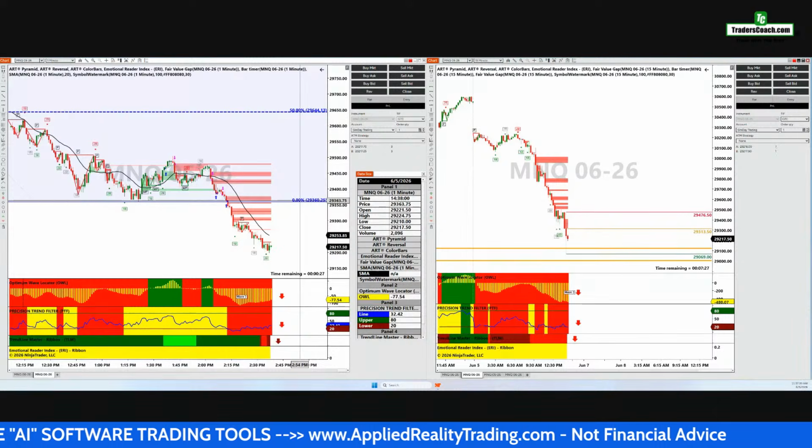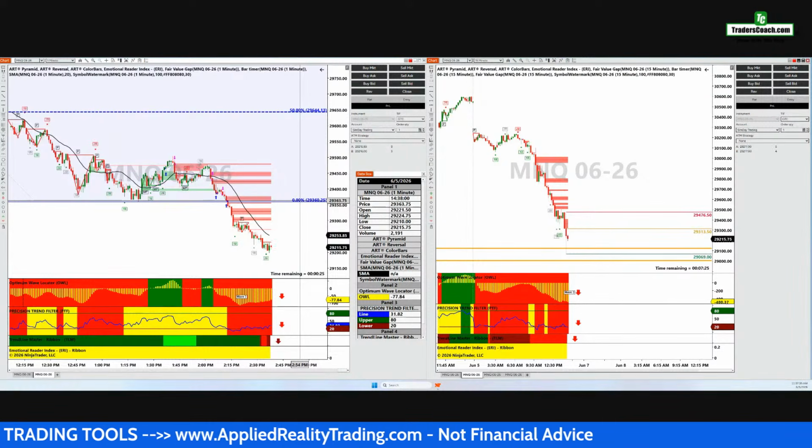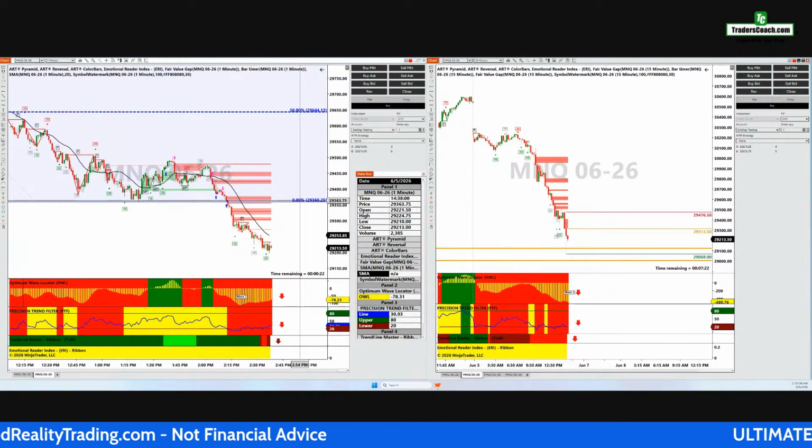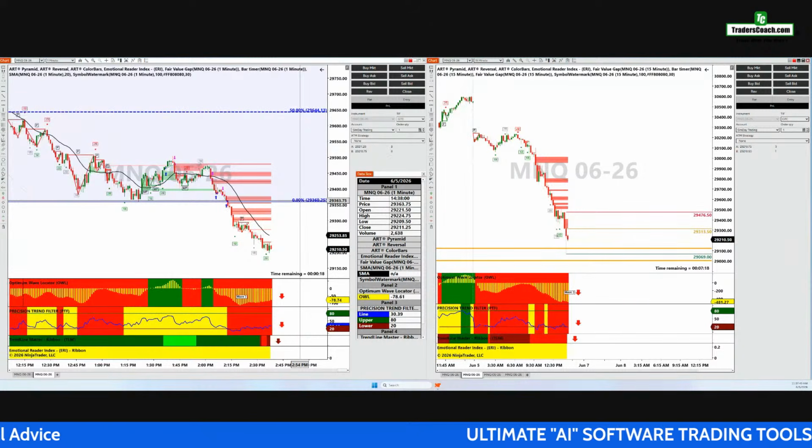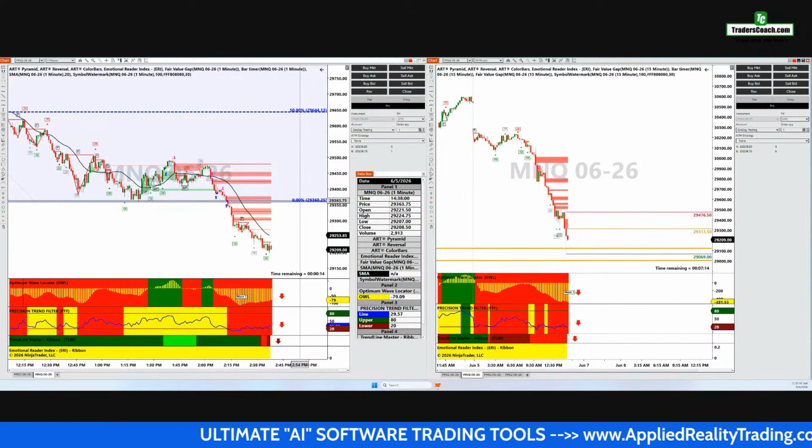Now, the hard ones are when they don't take equity and then they take off to the upside. The A plus setups are when they take the equity you're anticipating.